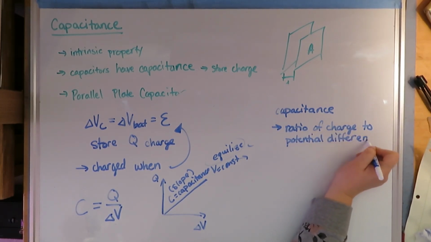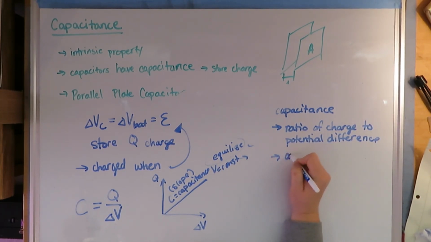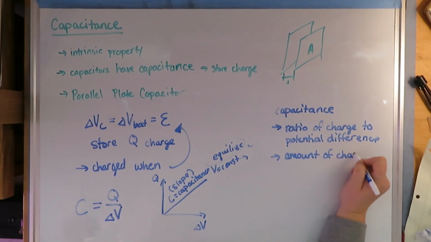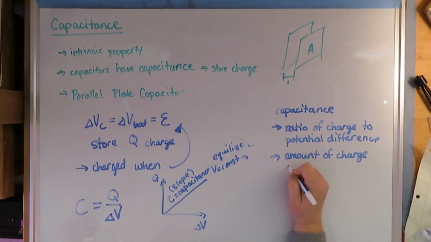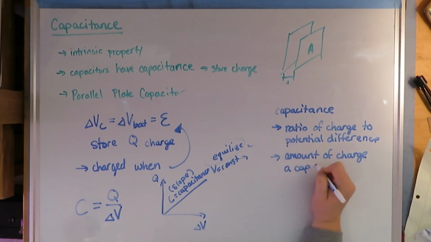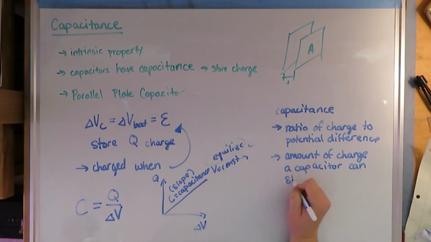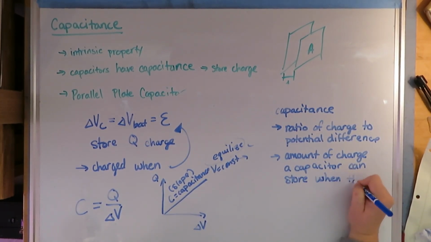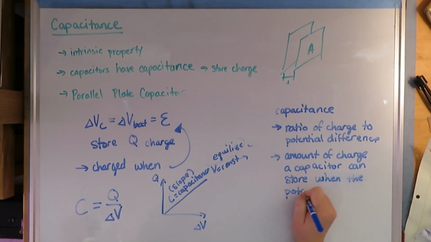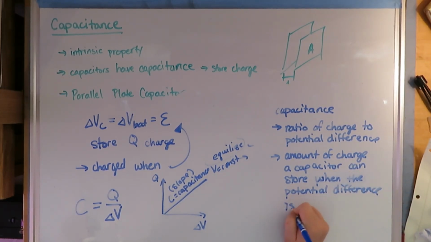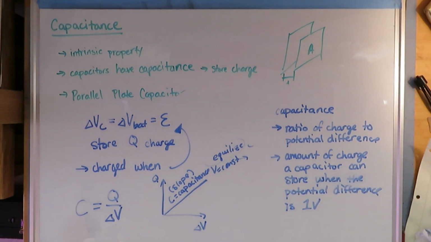Or if the way you really want to think about it, it's the amount of charge a capacitor can store when the potential difference is 1 volt. So we can kind of think about it like that.